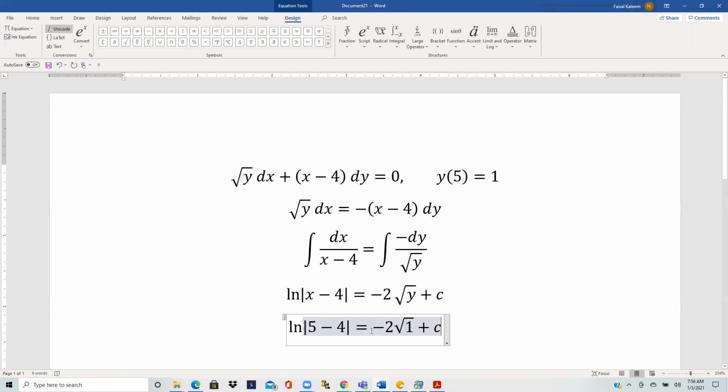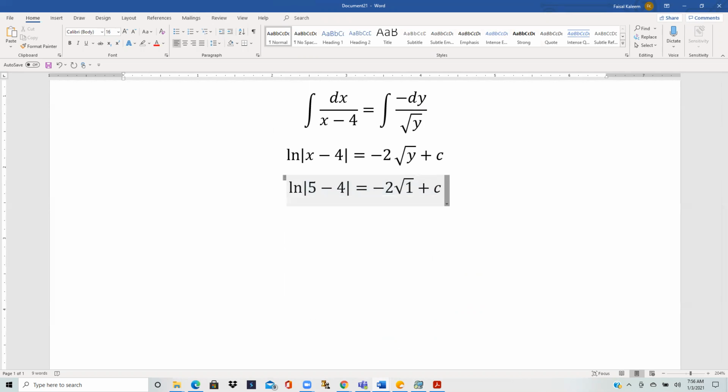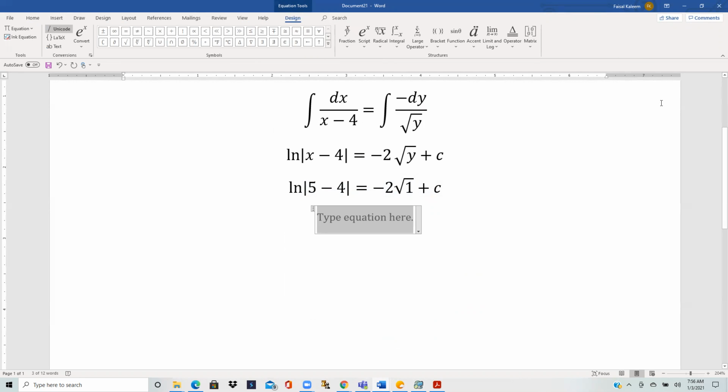And ln of 1 is 0. So you get 0 is equal to negative 2 plus c. And that gives us c equals 2.